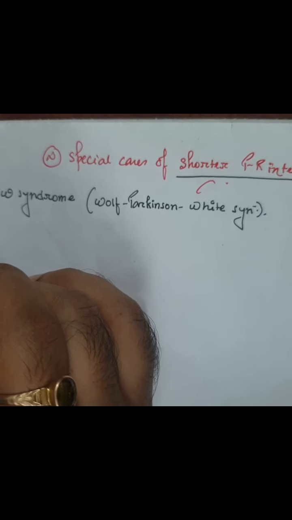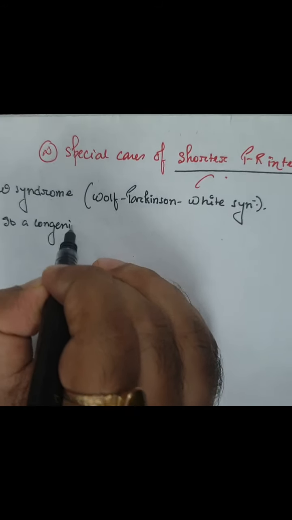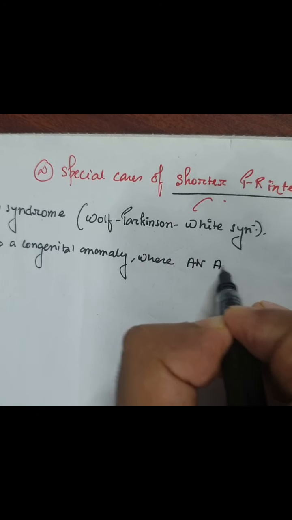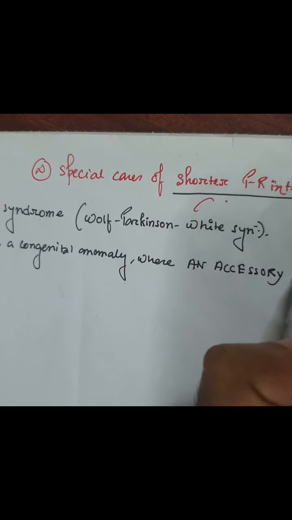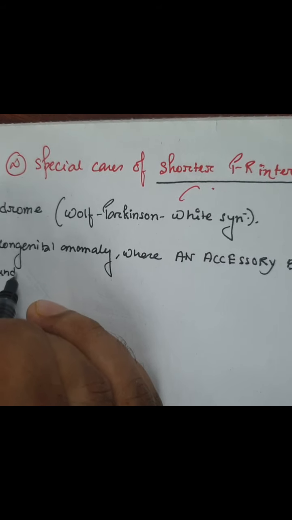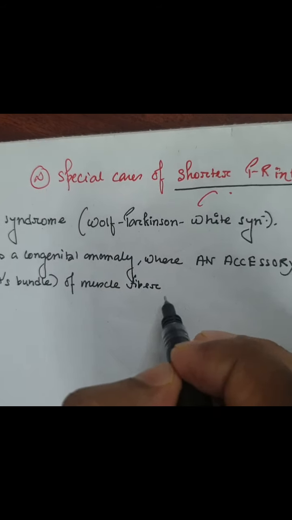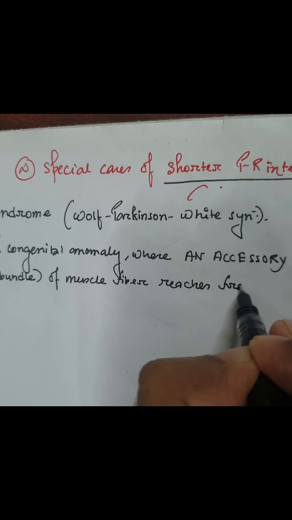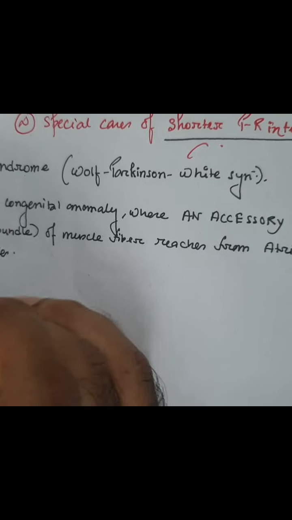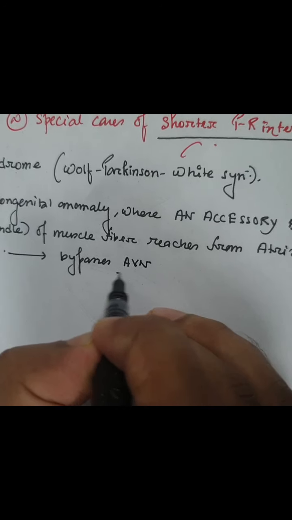There are some important points: it's a congenital anomaly, where an accessory bundle known as Kent's bundle of muscle fiber reaches from atria to ventricles, and it bypasses the normal conducting pathway, the AV node.